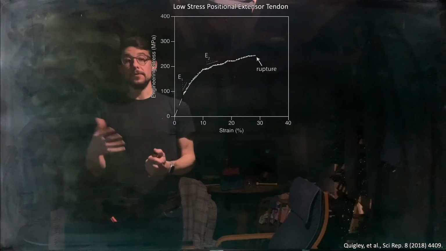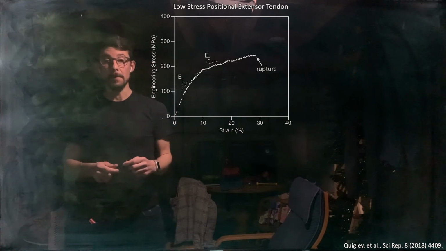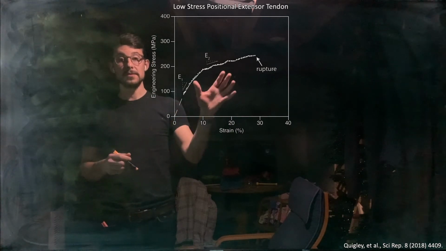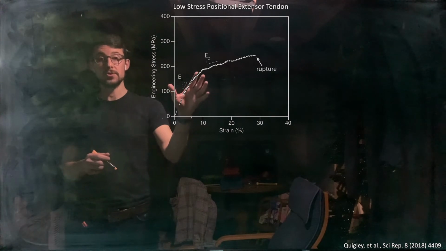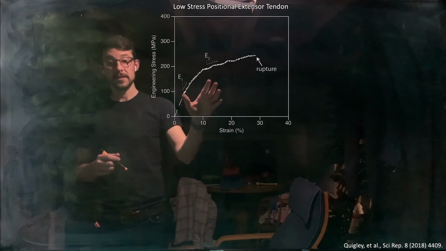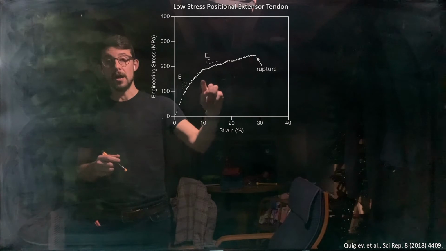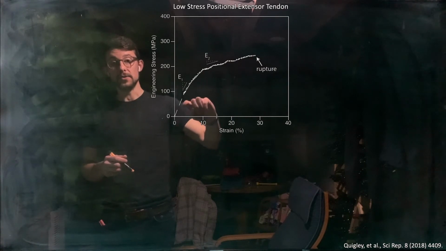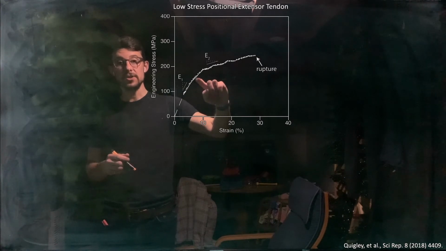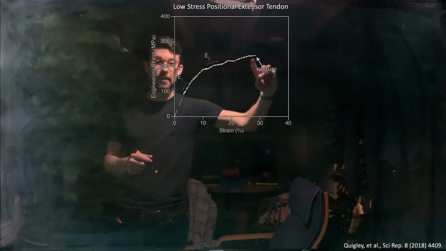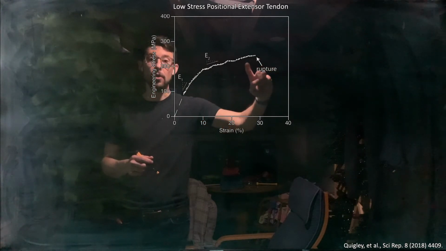And what we were able to do is produce stress-strain plots from this. This is a stress-strain plot from one of these fibrils from the low-stress extensor tendon. You can see a higher slope, or higher stiffness region of the fibril, that then levels off into a lower stiffness region.